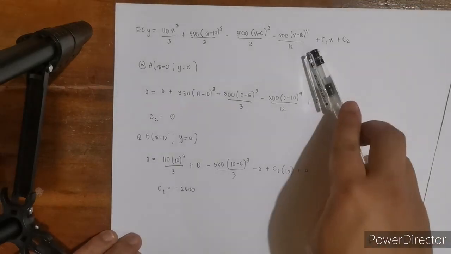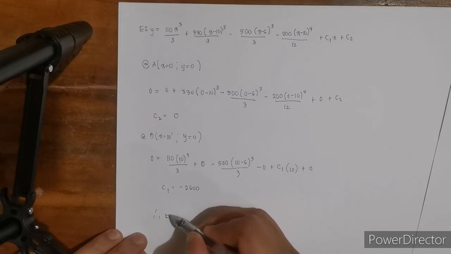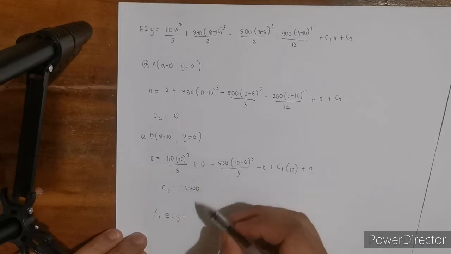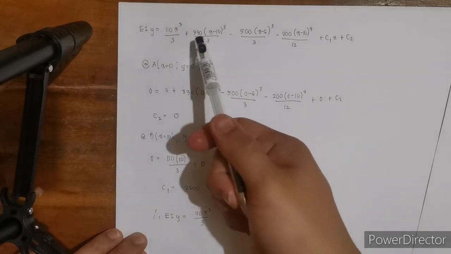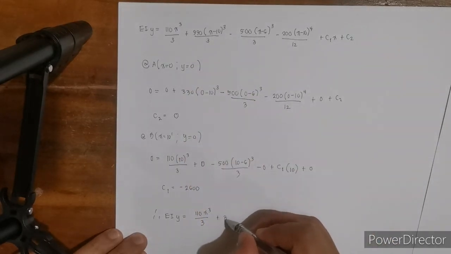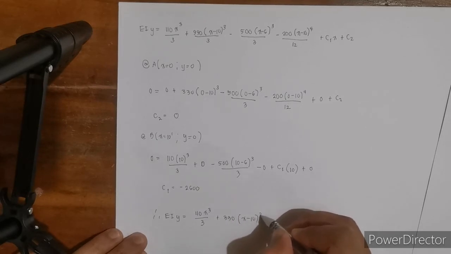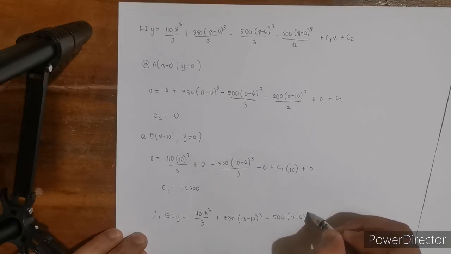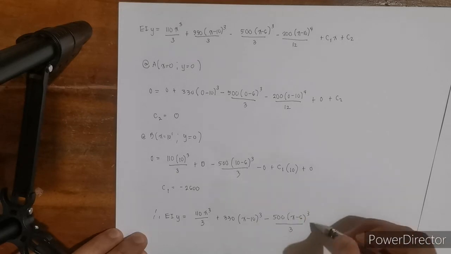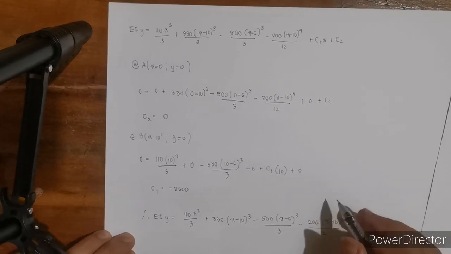I-substitute lang natin yung C1, C2 values natin. Therefore, EI, y is equivalent to 110x cubed over 3. Ang 990 over 3 ay 330, x minus 10 raised to 3 minus 500, x minus 6 raised to 3 minus 200, x minus 10 raised to 4 over 12 plus C1x.